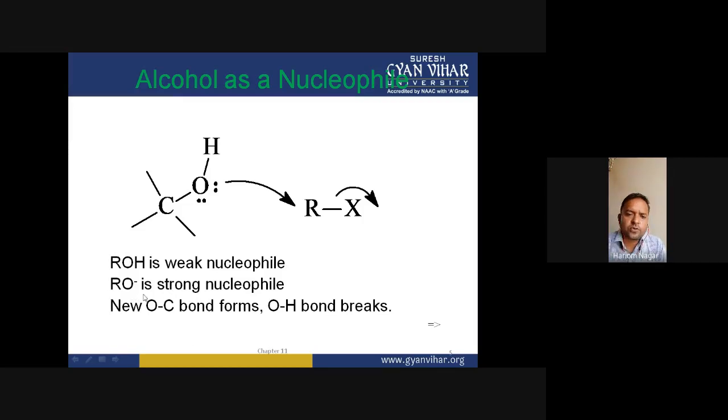Okay, this is a strong nucleophile. Why is this a strong nucleophile? Because it contains negative charge, which is free to give, right? Take an example: there are two people. One has money as per requirement, and the second has money greater than the requirement, that is, free to give.